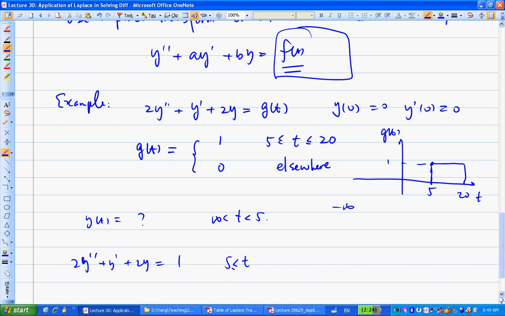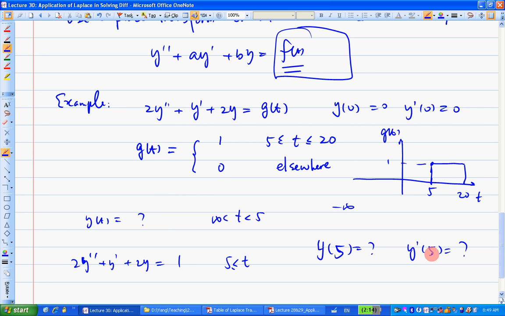So you have your system. Basically you get a 0 input, let the system go, so the system will behave until t equal to 5. The system will give you something, maybe at t equal to 5, y of 5 equal to something, and y prime of 5 equal to something, based on the first solution.